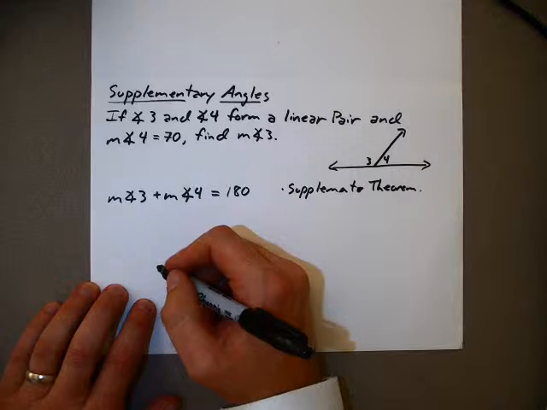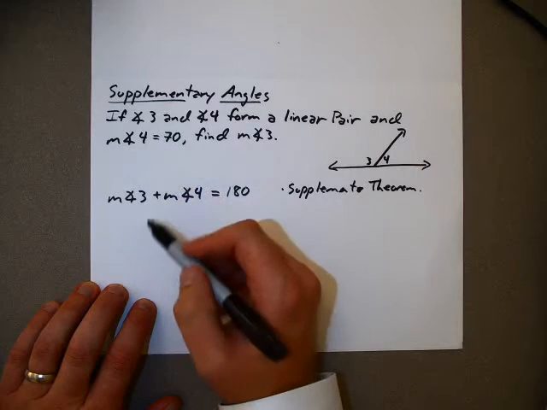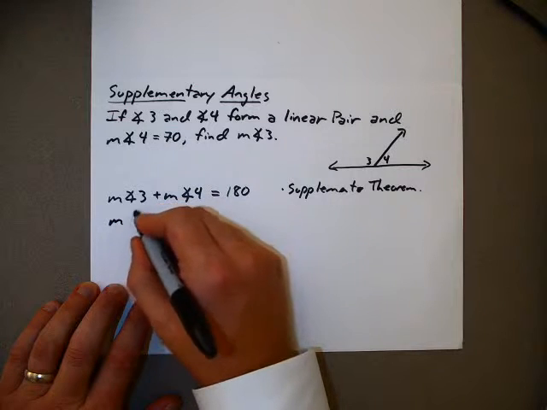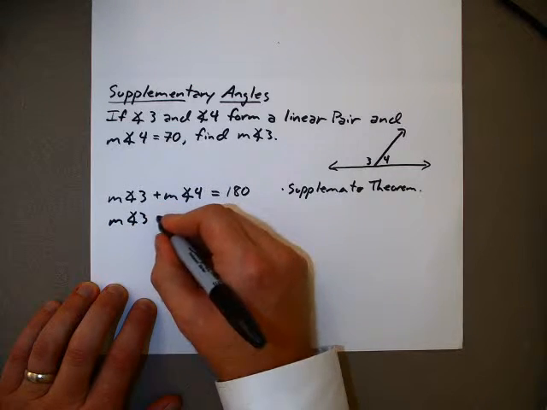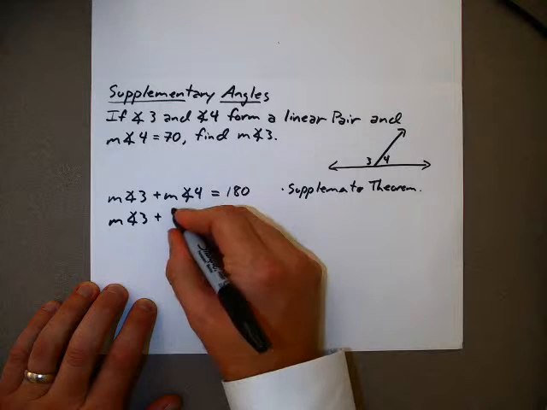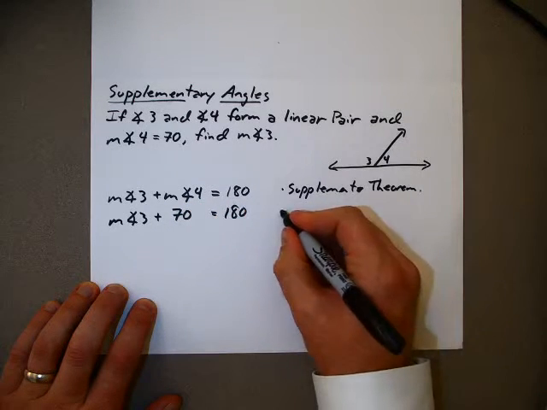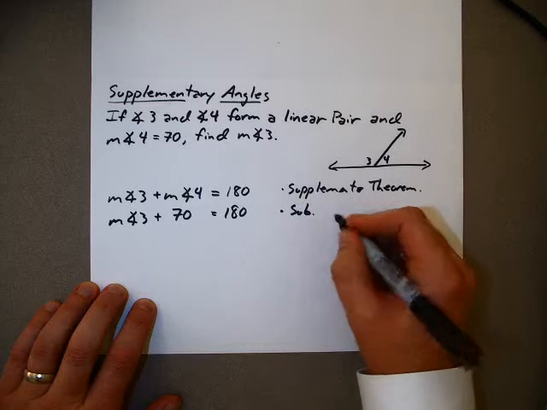And so the second step is we are going to substitute. We know that the measure of angle 4 is 70, so we have the measure of angle 3 plus 70 should equal 180, and this is the substitution property.